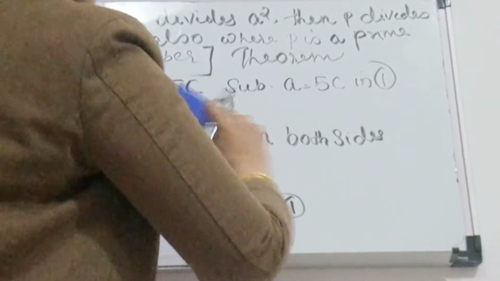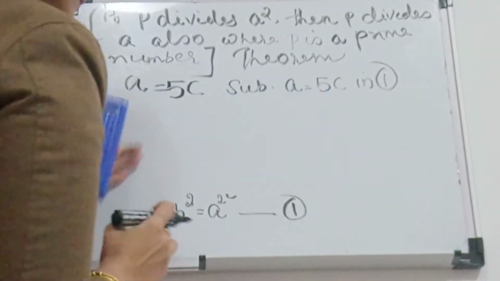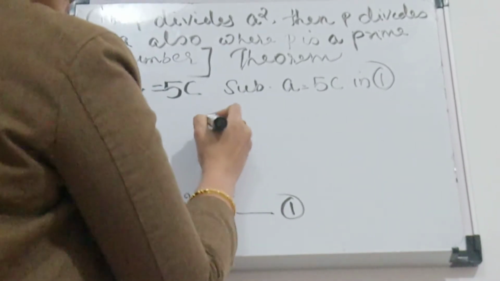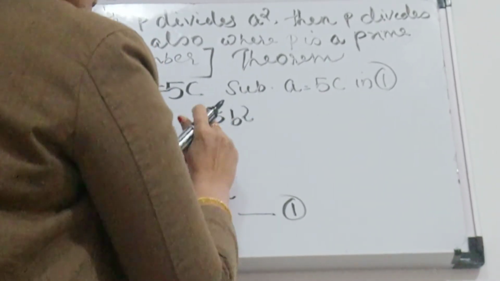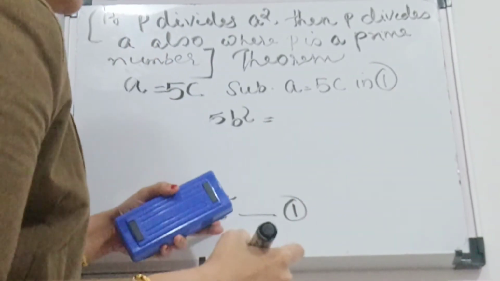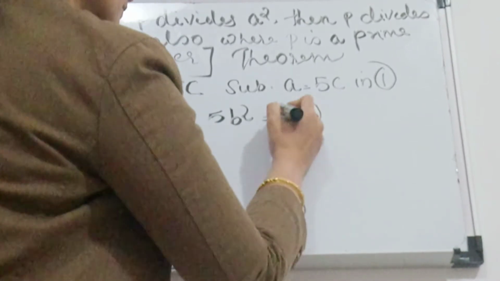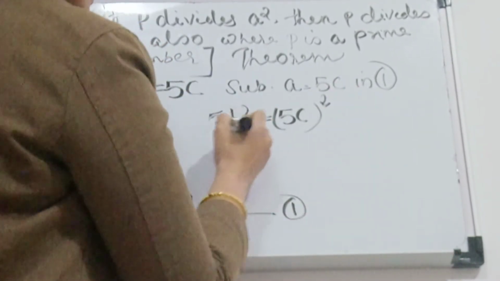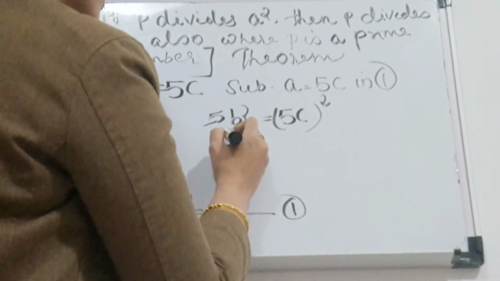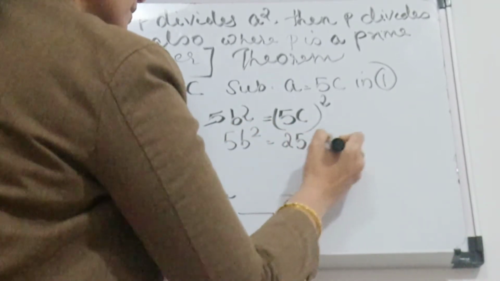You will get 5b square equal to, instead of a, you can write 5c. So 5b square equal to 25c square.